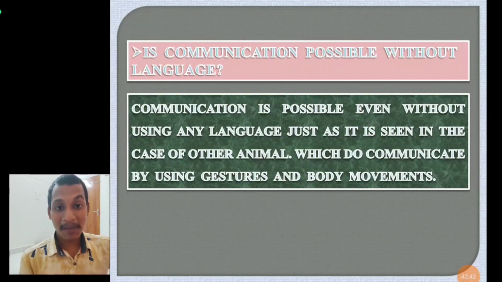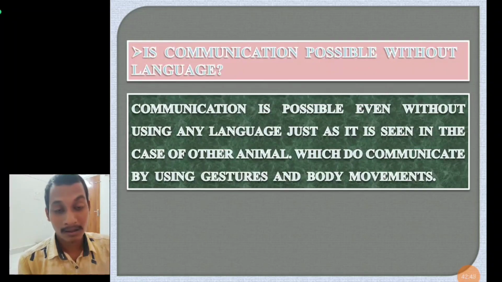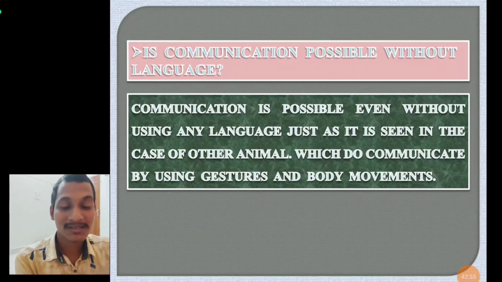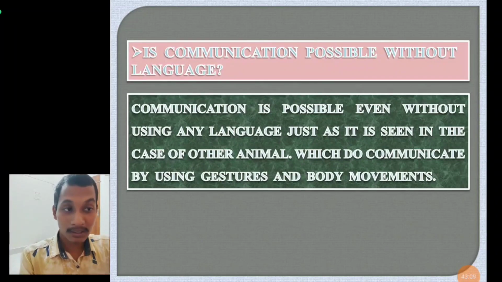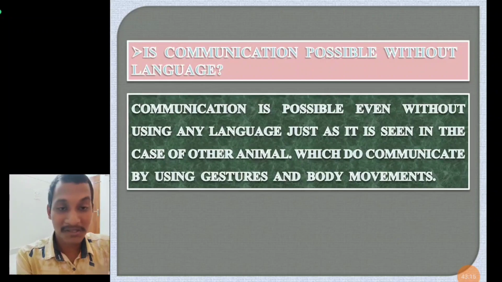If he is very happy, then he shows a different body language. This is not a language, but he is showing a communication process. He tries to show something that he wants to share with another person, but he doesn't use any language, and we understand what he is trying to say to me.